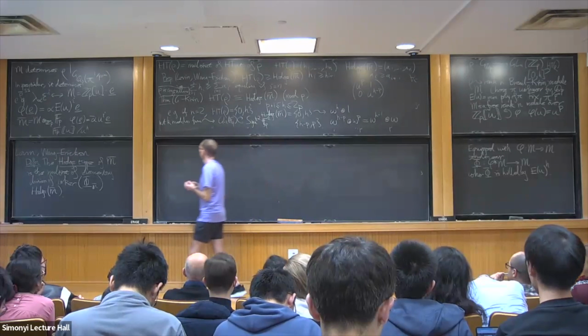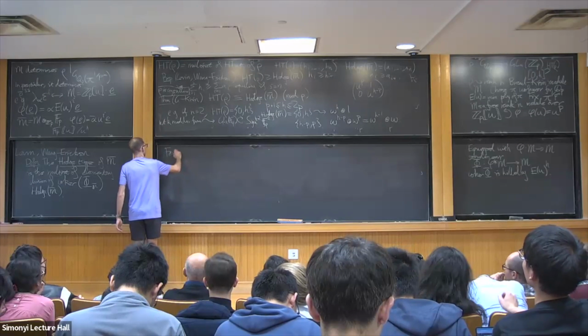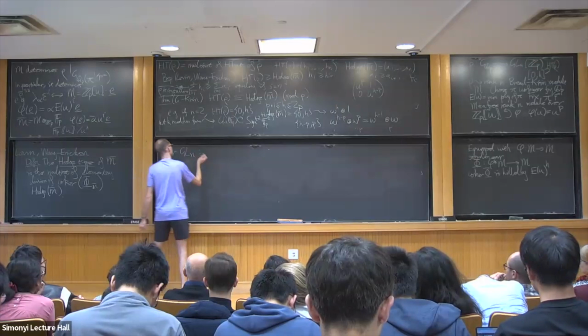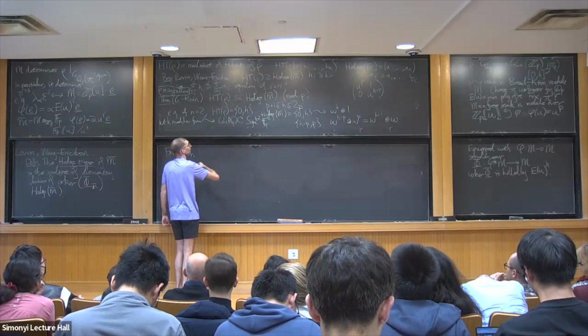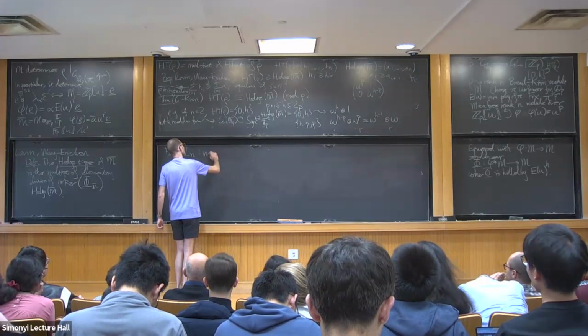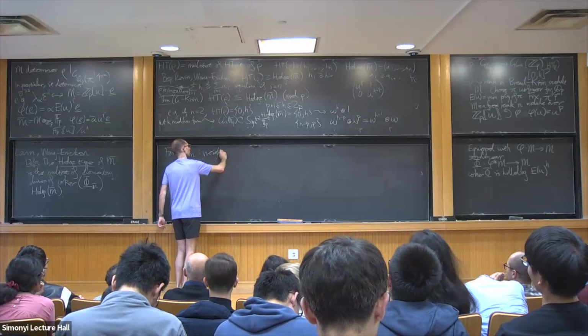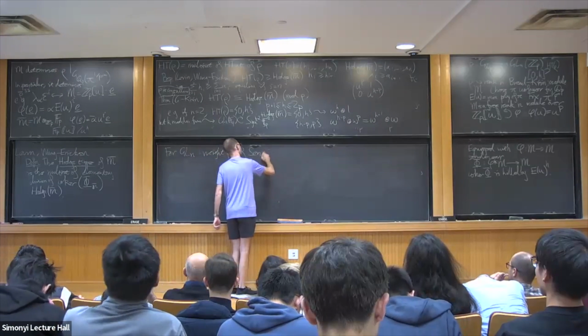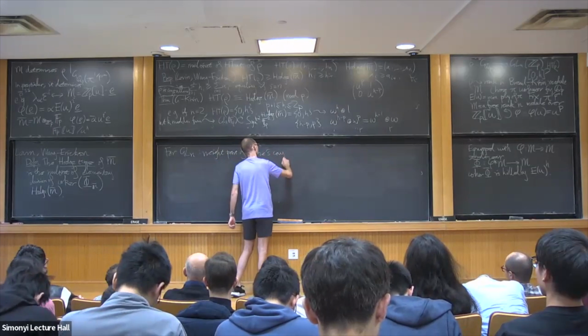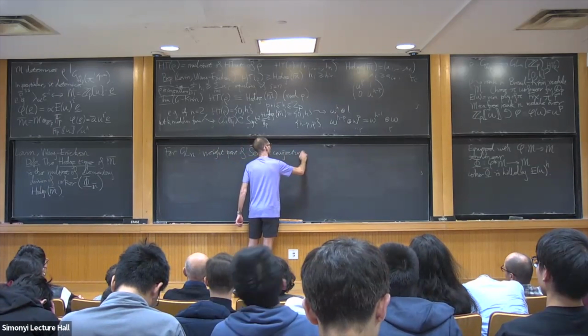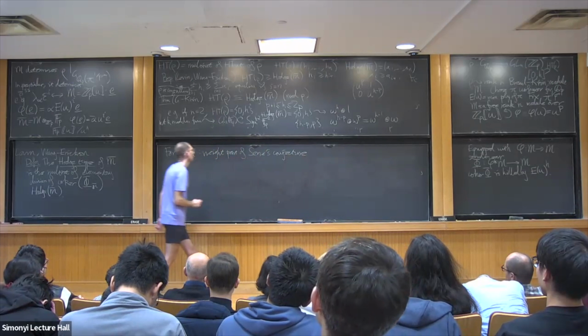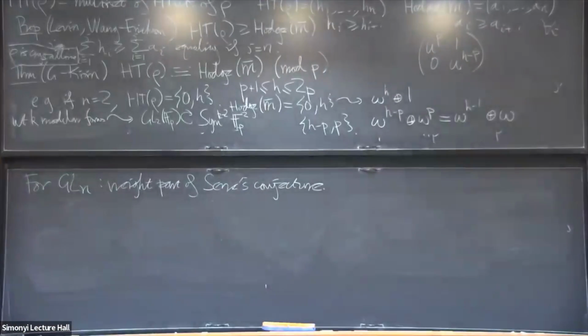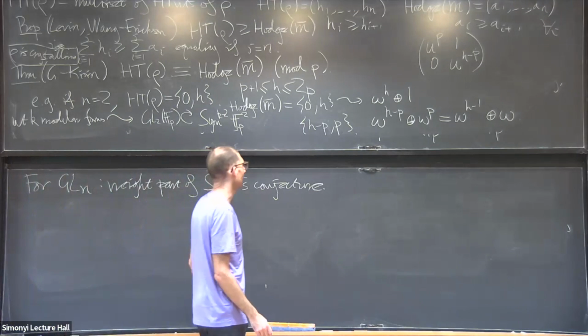For GLn, the question of what things you have, at least in small weights, has something to do with the weight part of Serre's conjecture. I'm not going to go into it in detail, but as far as I know there's no explicit prediction for exactly what the reductions mod p even for GL3 are.